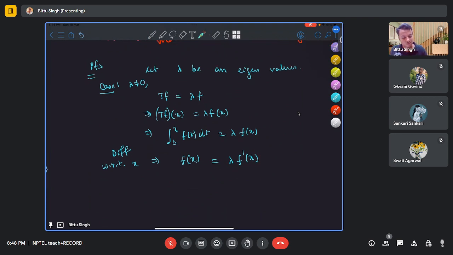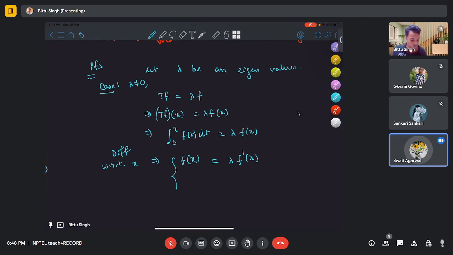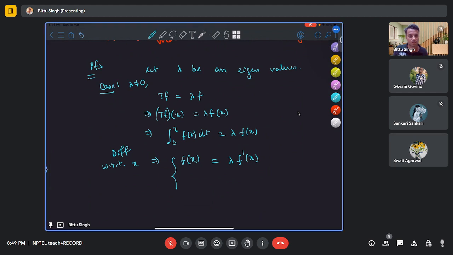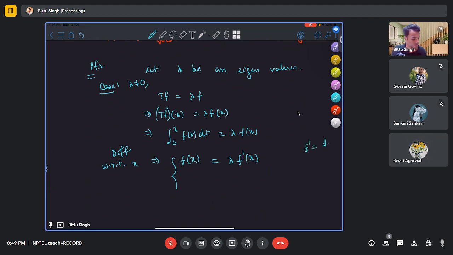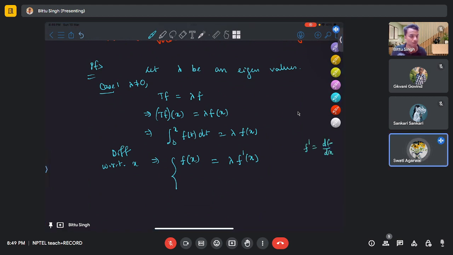Now this is equivalent to this with the condition. Sir, what is f hyphen? This is df dx, right? Yes, f dash denotes df dx.